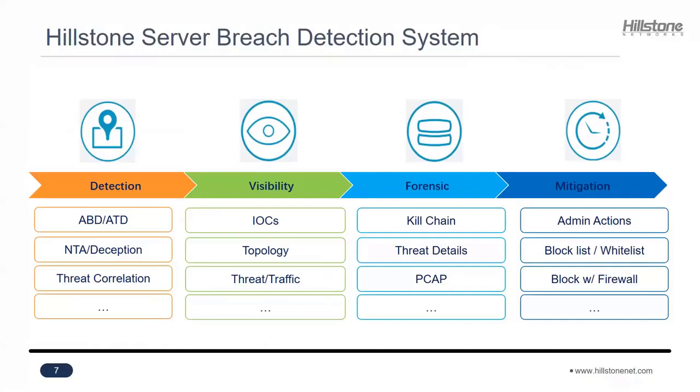At the same time, we also provide what we call forensic analysis. This includes detailed information of the threat, capturing the PCAPs if necessary, and also conducting some threat hunting in conjunction with other threat intelligence and other sources.